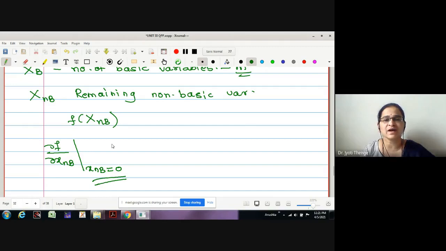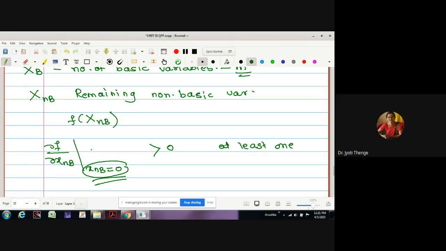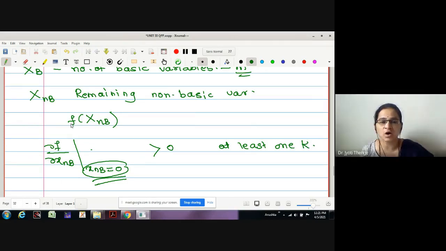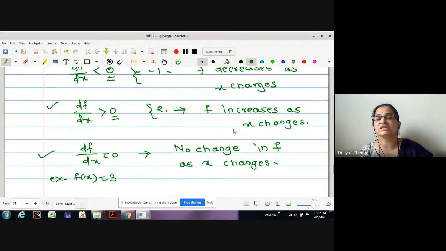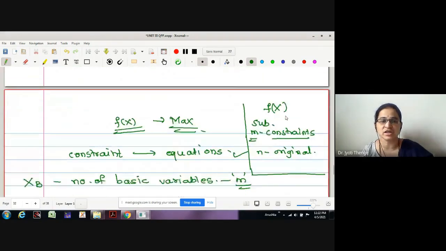Right now, what is the value of the non-basic variables? 0 always. Therefore, check the nature of the partial derivative, dou f by dou x_NB, at all x_NB equal to 0. If at least one value is greater than 0, then df by dx greater than 0 suggests an increment in f as x changes, and that is what we want.